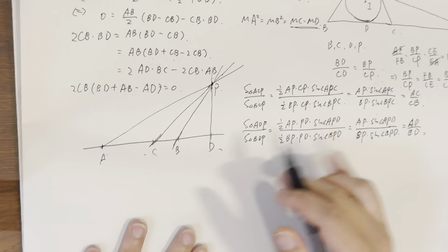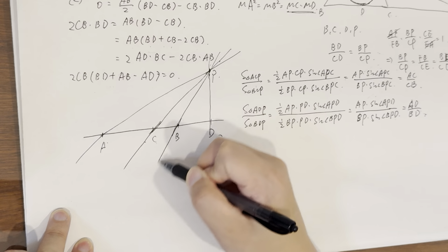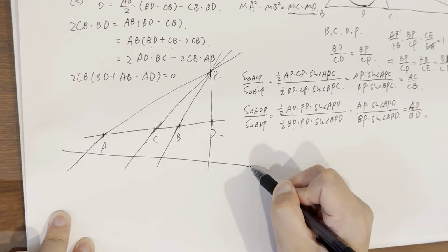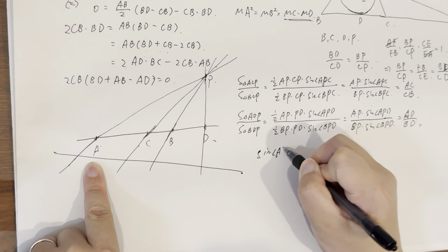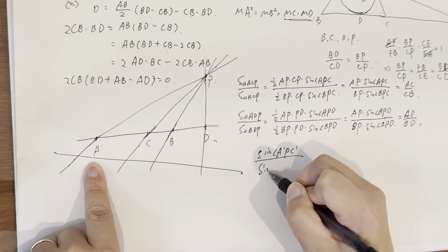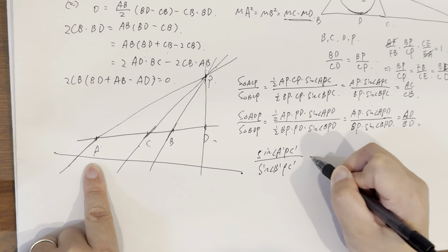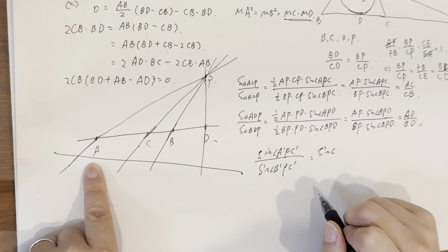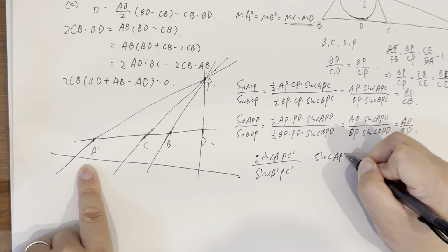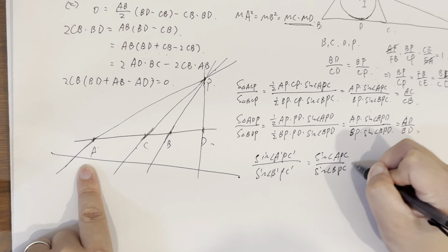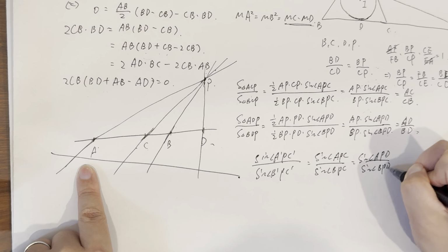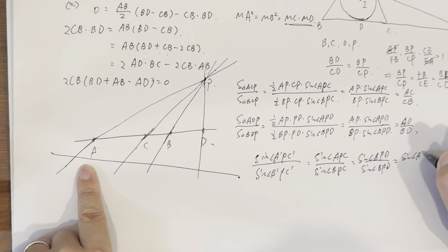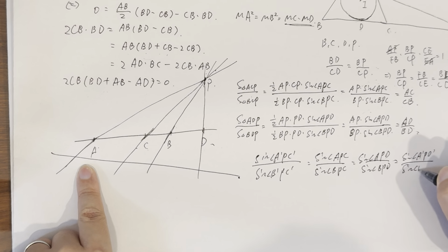Because if I find another line here, it still has sine angle A prime PC prime to sine angle B prime PC prime equals sine angle APC to sine angle BPC equals sine angle APD to sine angle BPD equals sine angle A prime PD prime to sine angle B prime PD prime, right?